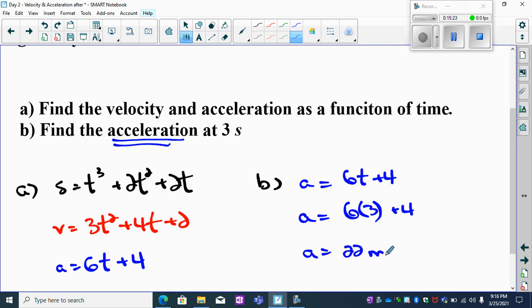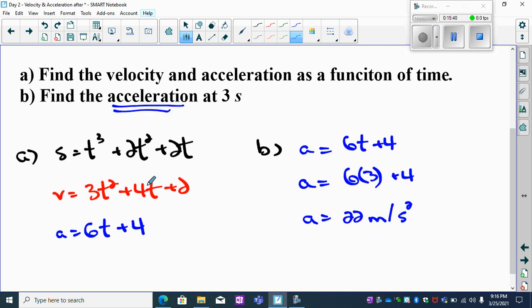Now it's meters per second squared. Remember, velocity is meters per second, or it could be feet per second, or kilometers per hour, all right? But acceleration is in meters per second squared. And then position is just meters, a linear unit. Okay, so there's that one.